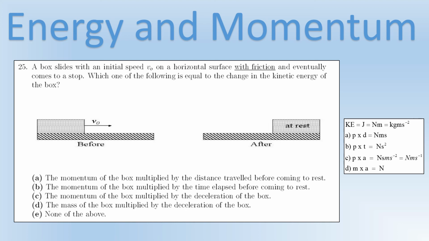We've got momentum times time, which will be Newton seconds times seconds, so Newton seconds squared, so that doesn't work. We've got momentum times deceleration, so Newton seconds times meters per second squared, so that's not the same. And then we've got mass times acceleration, which is a force. So the correct answer is none of the above.